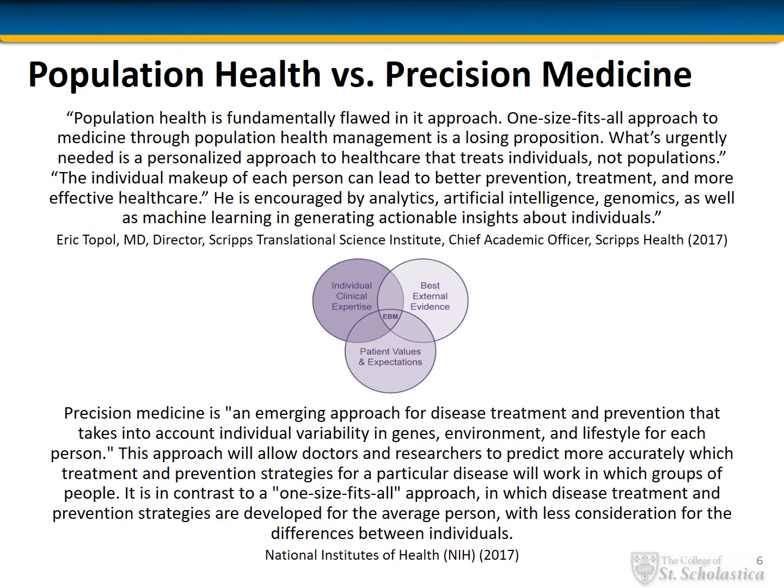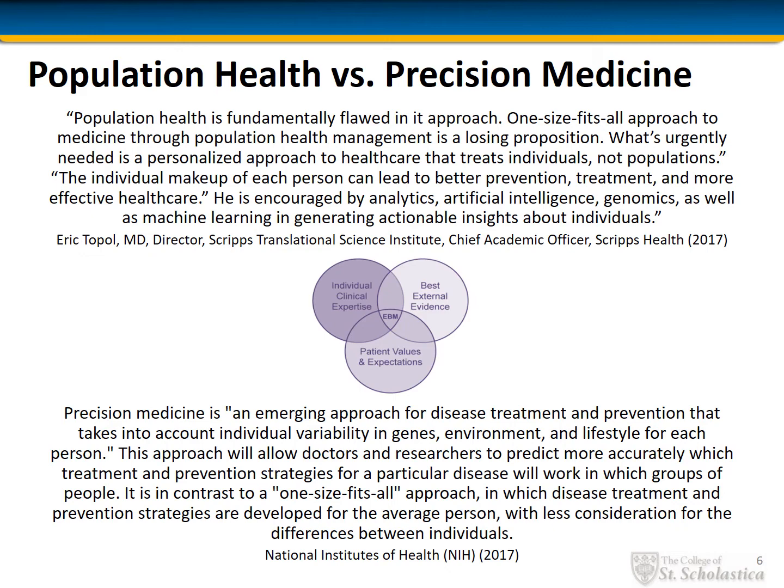Now let's take a look at population health versus precision medicine. The two statements on this slide, on first blush, would suggest that population health and precision medicine are not aligned.